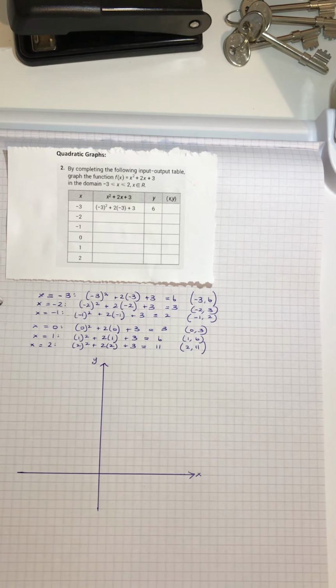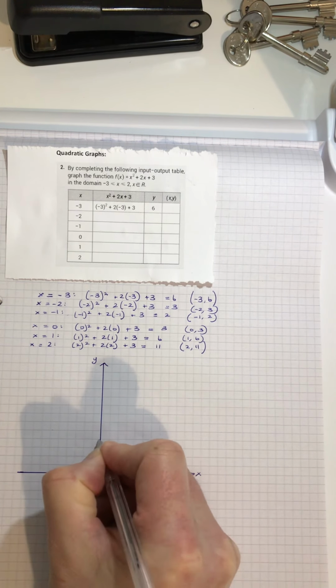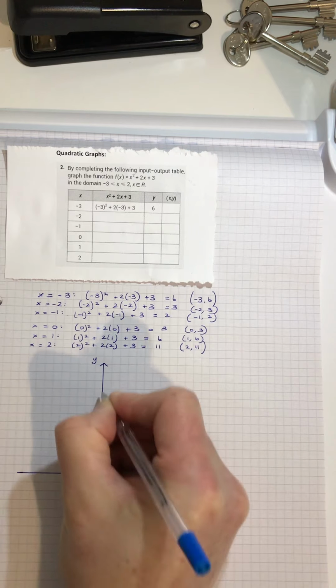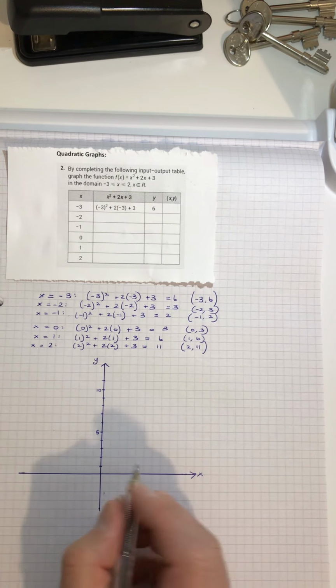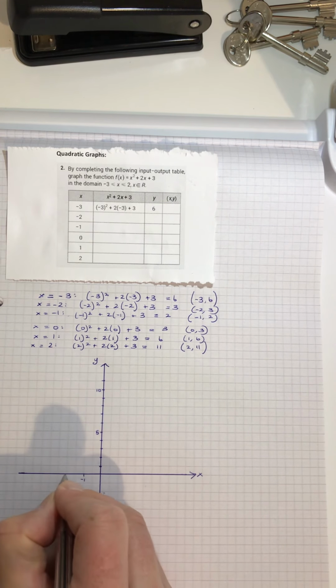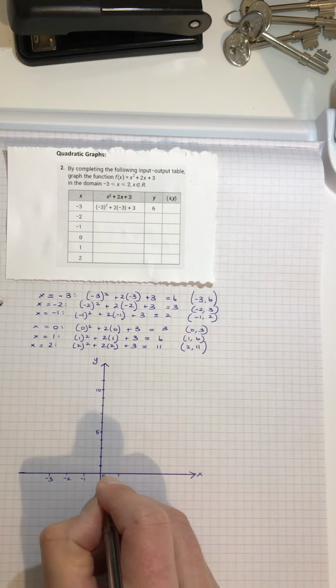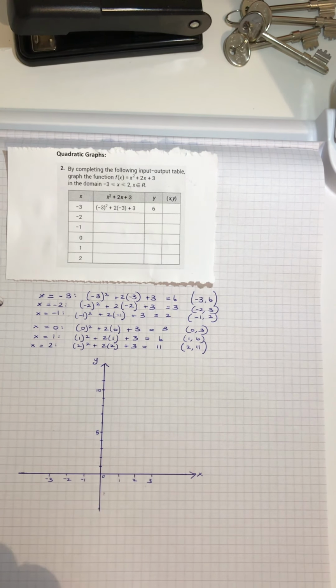So it's just a different type of graph, but the points are the same. So 1, 2, 3, 4, 5, 6, 7, 8, 9, 10, 11. And on the x-axis I'm going to go minus 1, minus 2, minus 3, 0 in the middle, 1, 2, and 3. And I'm going to plot the points like this then, okay?